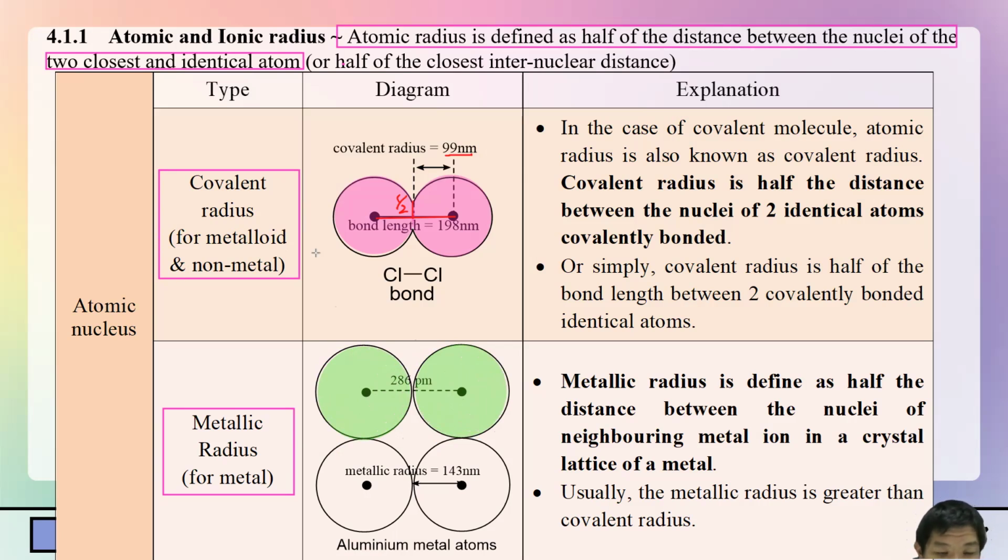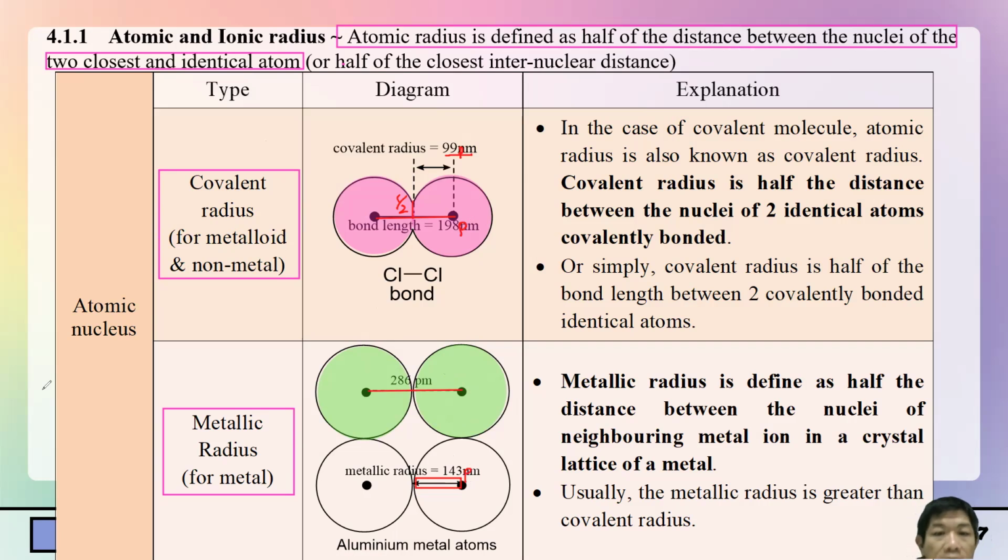Let's say for aluminium, it is 286 picometers. The metallic radius takes half of it, which is 143 picometers. It's actually pico, not nano, because they are supposed to be very small. Sorry for the misinformation here.